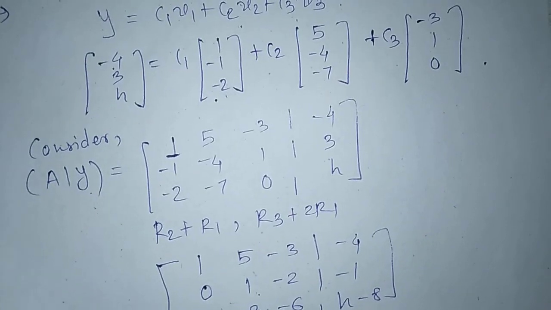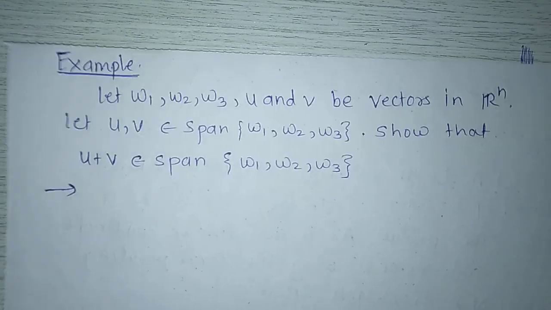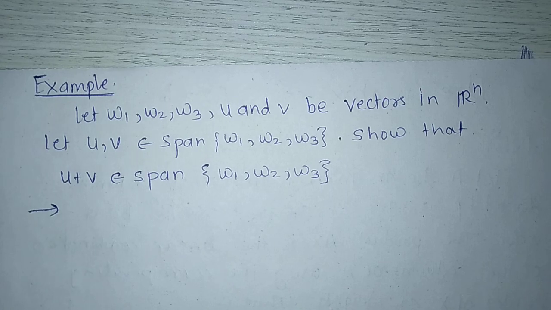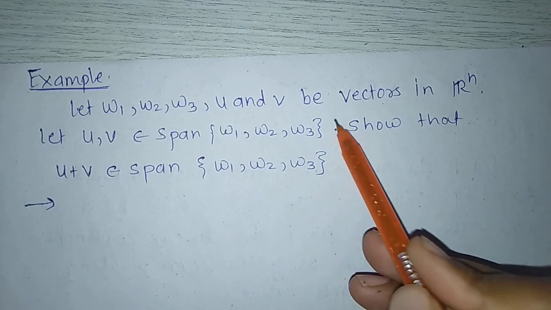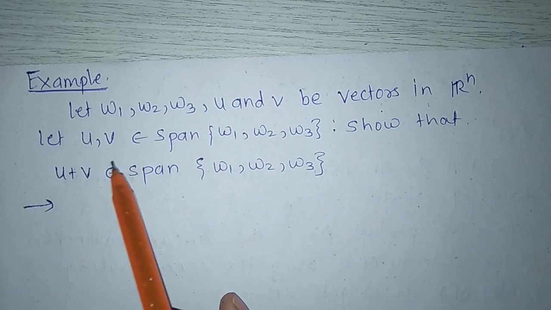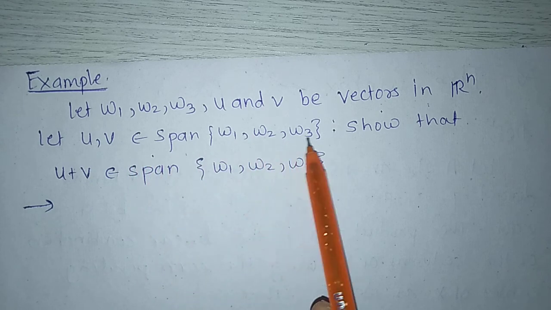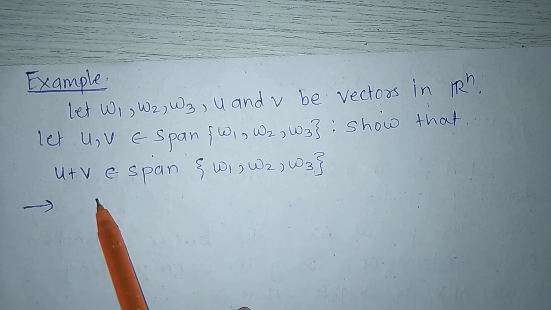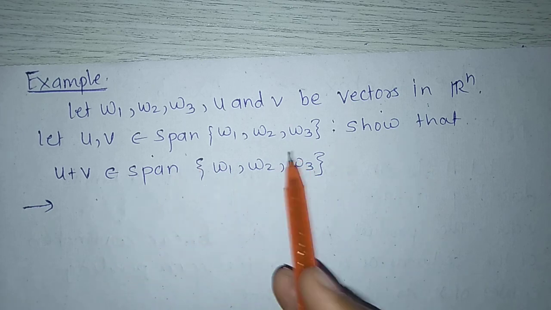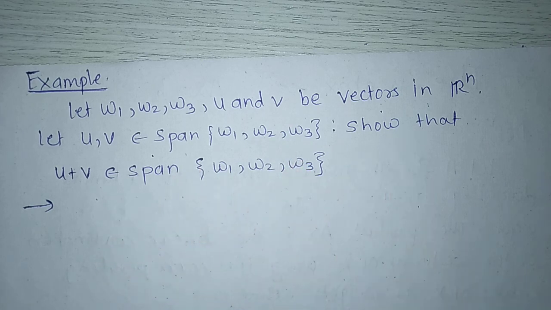Now the next example: let W1, W2, W3, U and V be vectors in Rn. Let U and V belong to the span of W1, W2, W3. Show that U plus V belongs to the span of W1, W2, W3.